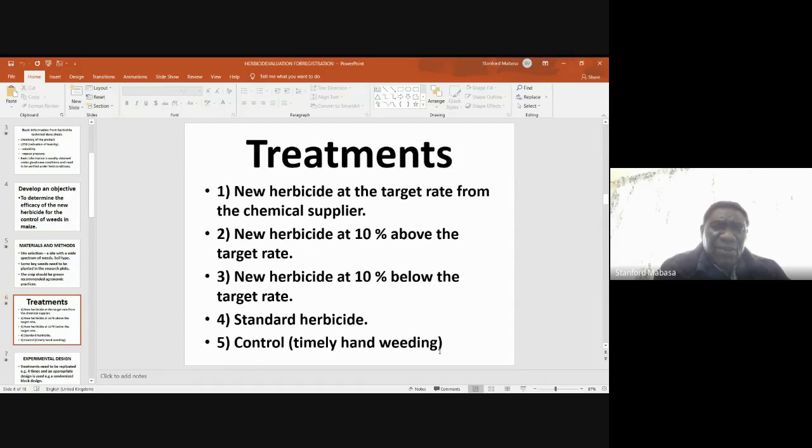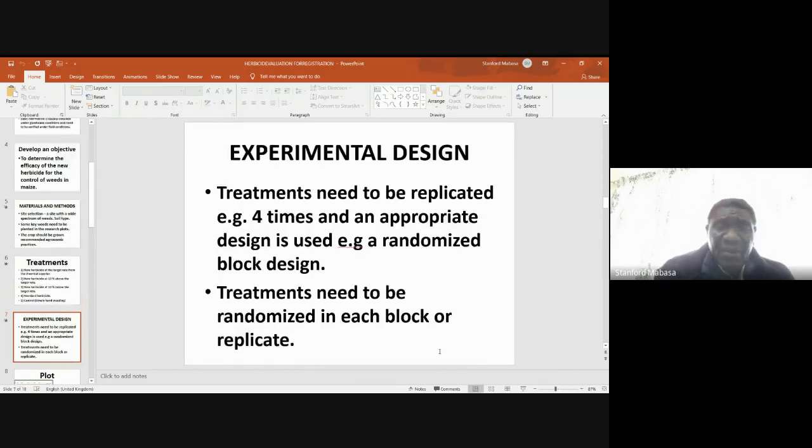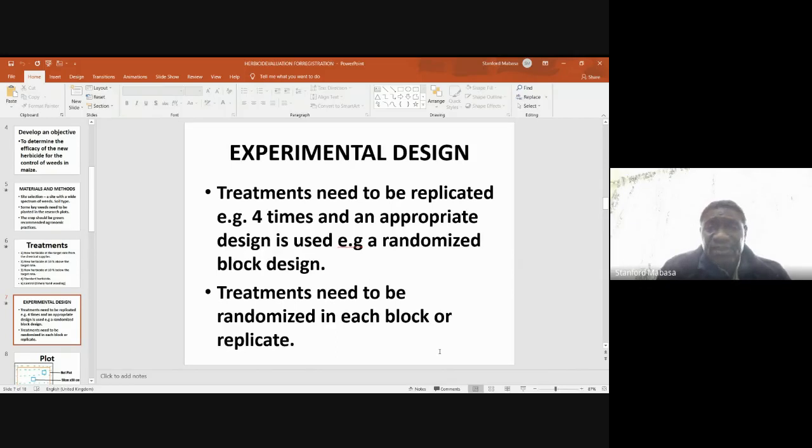Then number four, the standard herbicide. There should be a herbicide which is already being recommended to control weeds in a particular crop. Then the control, that is timely hand weeding. That is where we are not going to put the chemical. The control is important for assessing crop phytotoxicity.